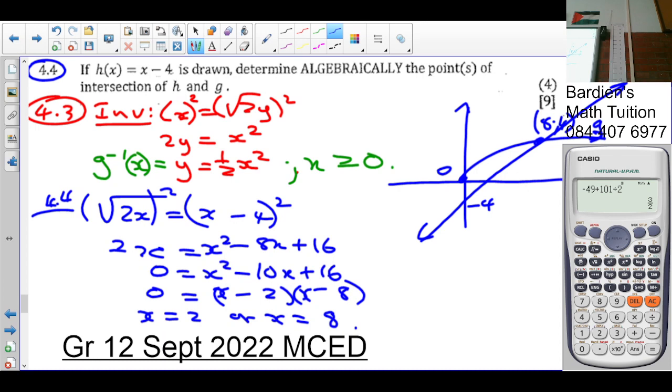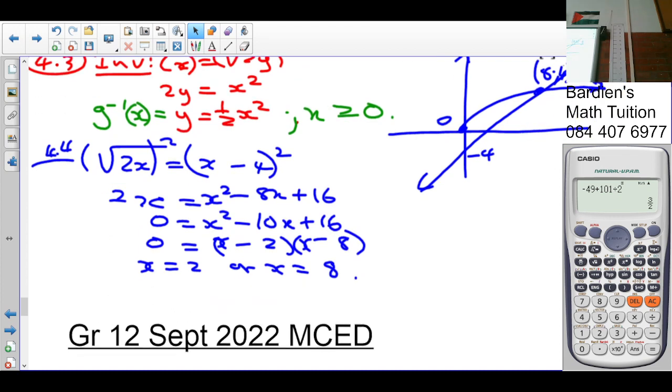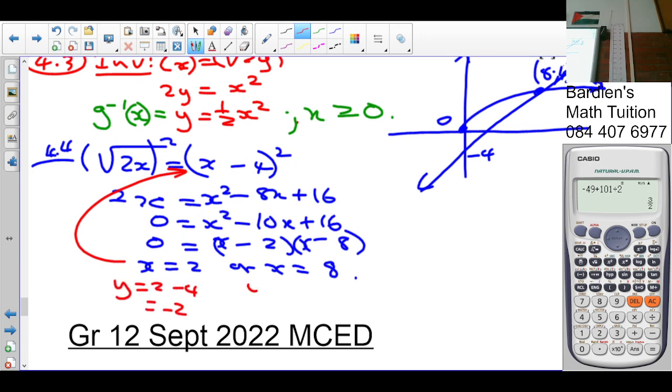But if you look graphically here, if I substitute this back, then the corresponding y value here, I'm going to show you something quickly. If I substitute this back into this equation, then I will have y is equal to 2 minus 4, which is negative 2, and y is equal to 8 minus 4, which is 4.